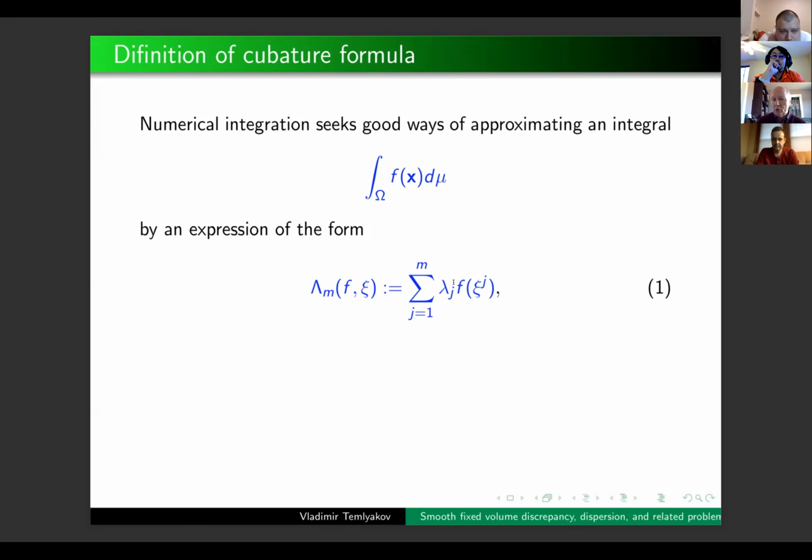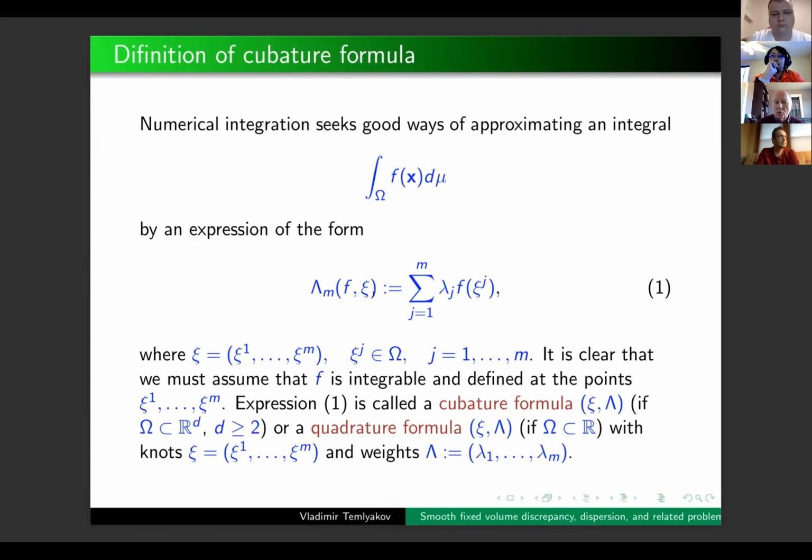We evaluate the function at these points and then make the sum, and we try to approximate the integral by the corresponding cubature formula. Terminologically, we say it is a cubature formula if we are talking about multivariate functions, and we call it a quadrature formula if we are talking about univariate functions. The two important ingredients here are the points and the weights. This is the most general cubature formula out of those which we are going to consider.